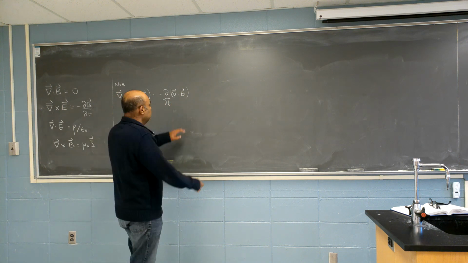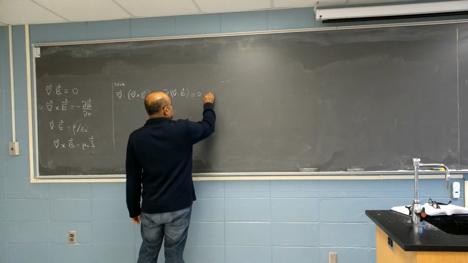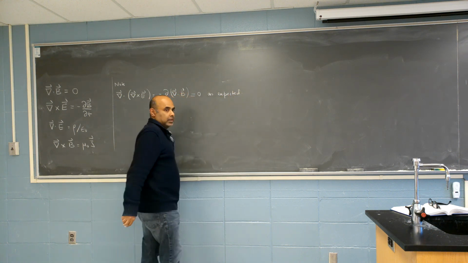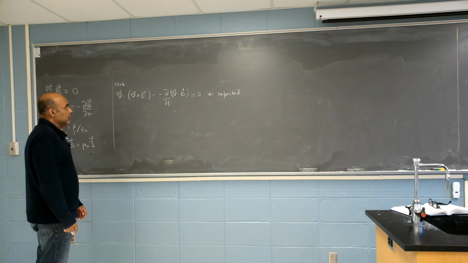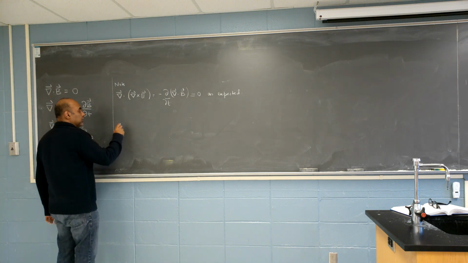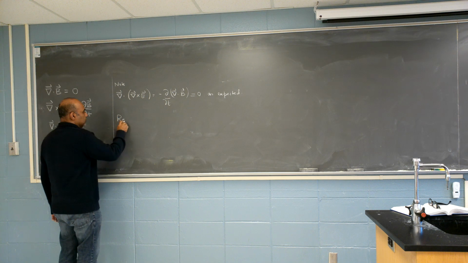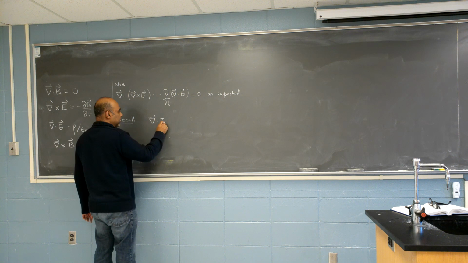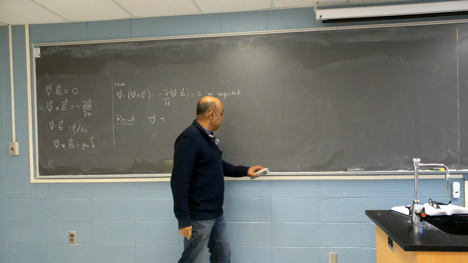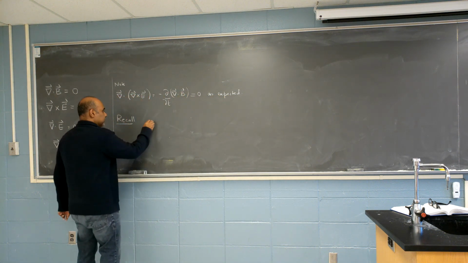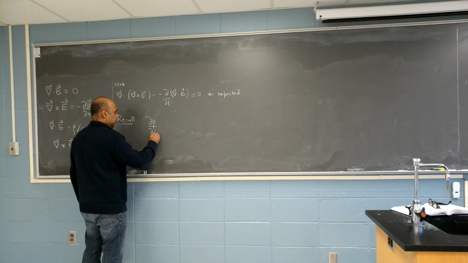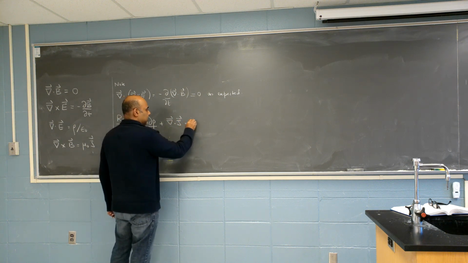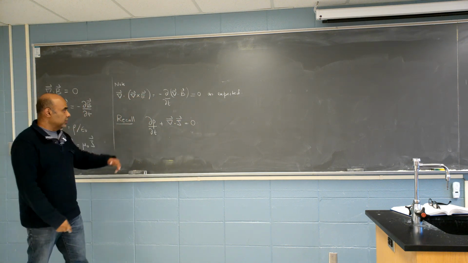Divergence of B is 0, so okay. Another thing to note, recall the continuity equation. Divergence of J, time before space. This is the continuity equation.